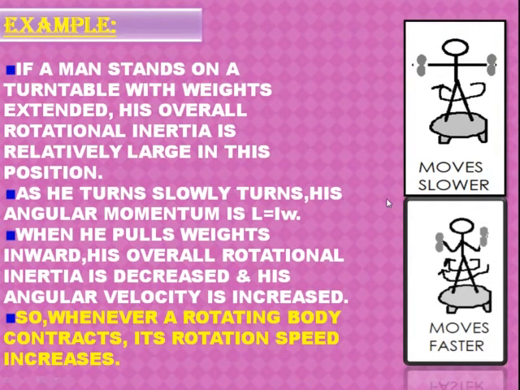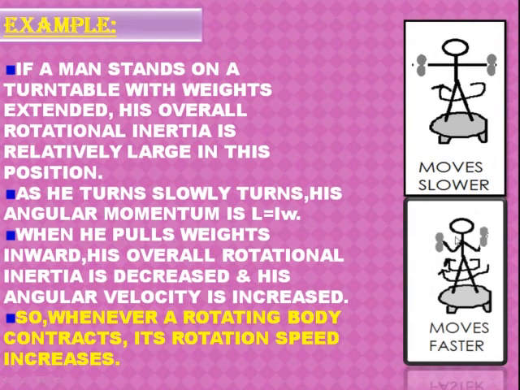Now let's understand conservation of angular momentum by an interesting example. Suppose a man stands on a turntable with weights extended. His overall rotational inertia is relatively large in this position. As it turns slowly, his angular momentum is L equal to I omega, where I is the moment of inertia of that body and omega is the angular velocity.